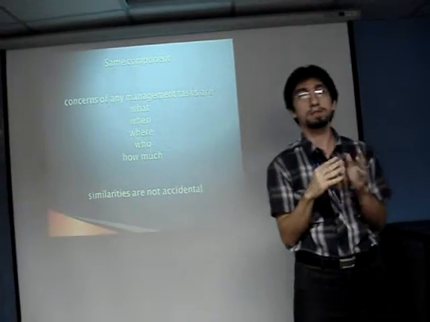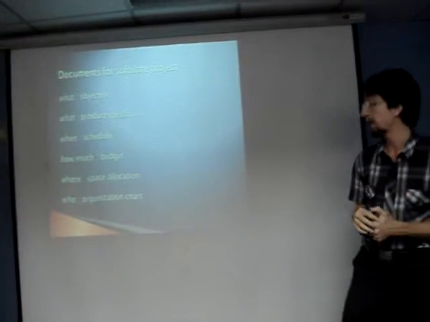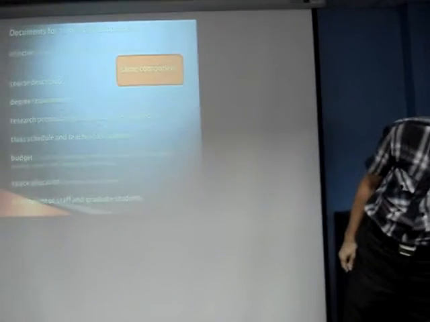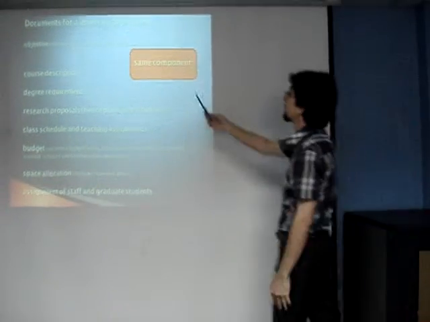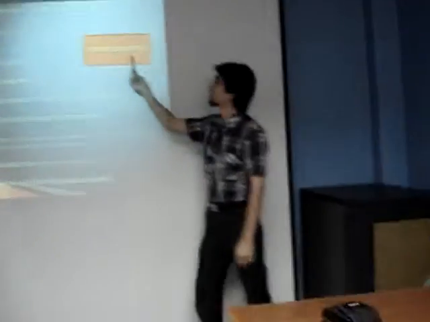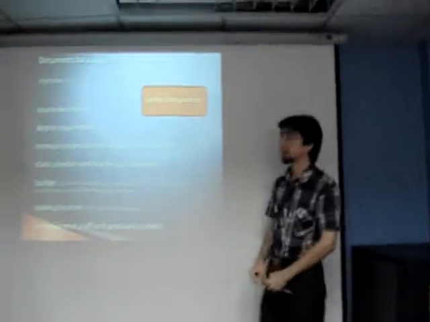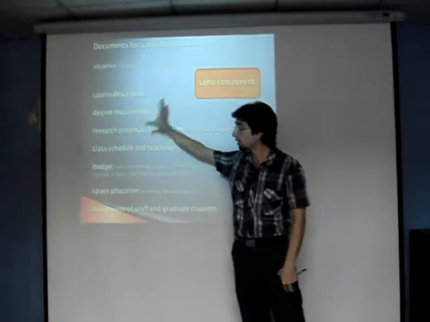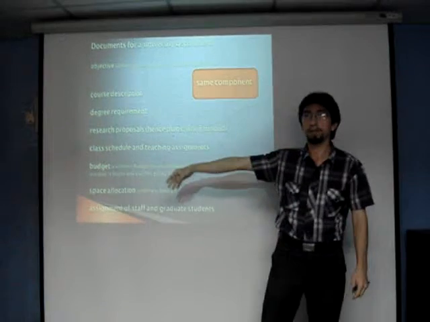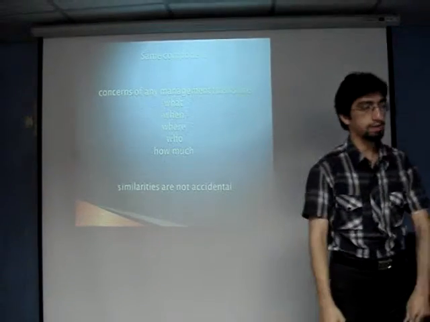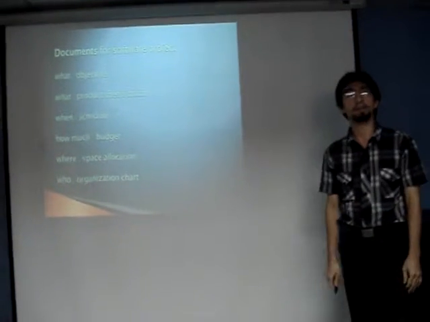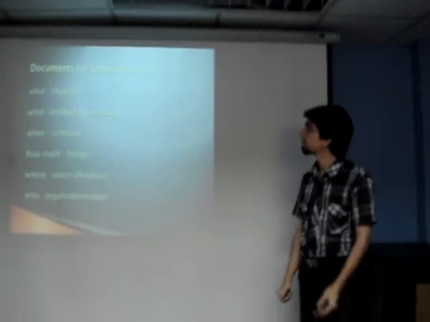The reason we write about the same components is that most of these items and also the WH questions are the same in all projects, so we name them the same components.